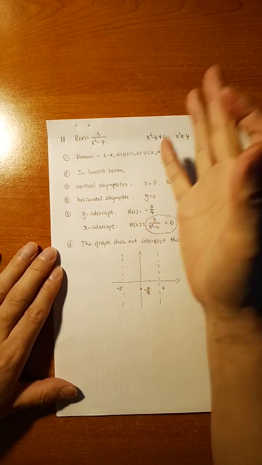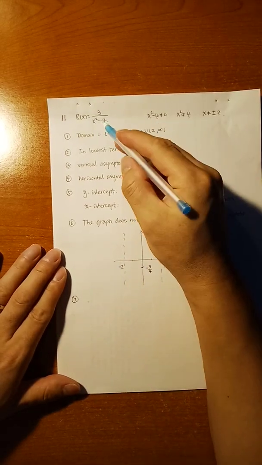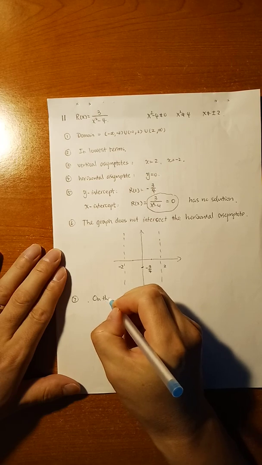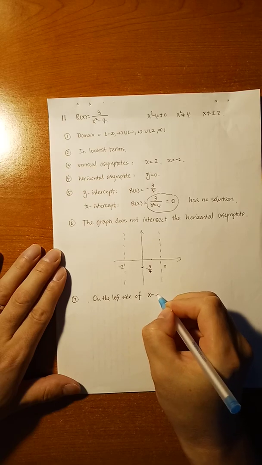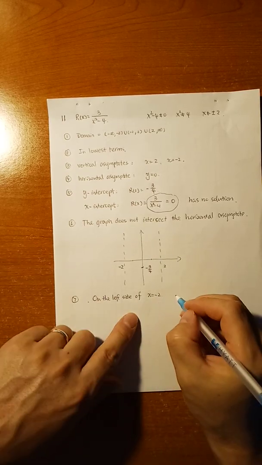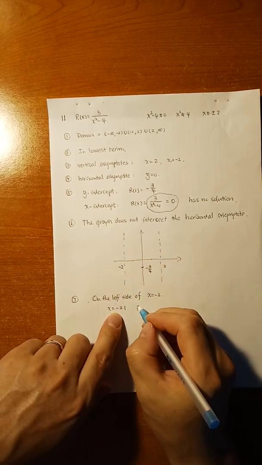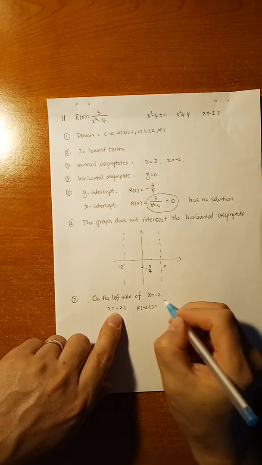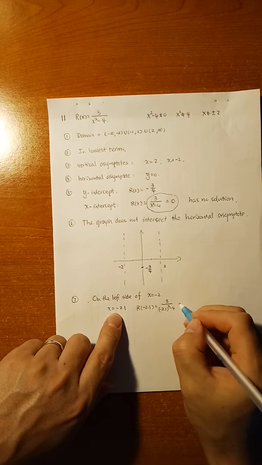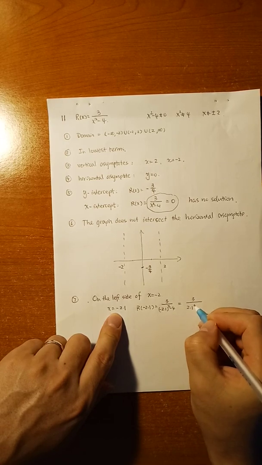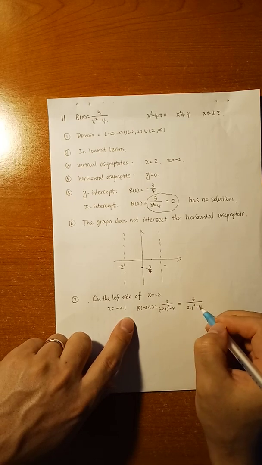Okay, on the left side of x equal to negative 2, let's choose x equal to negative 2.1. r of negative 2.1 is 3 over negative 2.1 squared minus 4. 2.1 squared is greater than 4, so minus 4 is greater than 0.